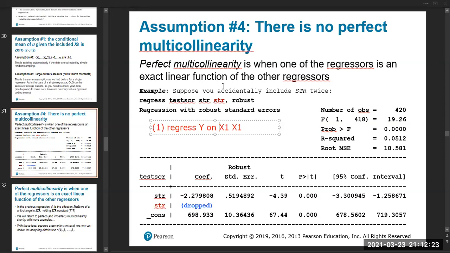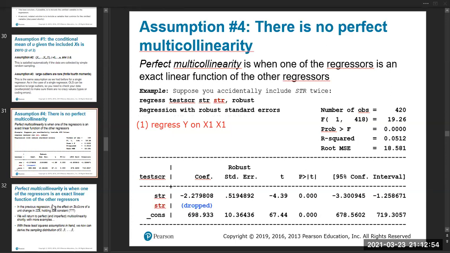If you put this in STATA, STATA is going to drop it for you because STATA thinks that you don't need to add the same information. Two exactly same pieces of information are useless. So this is the first example of multicollinearity.